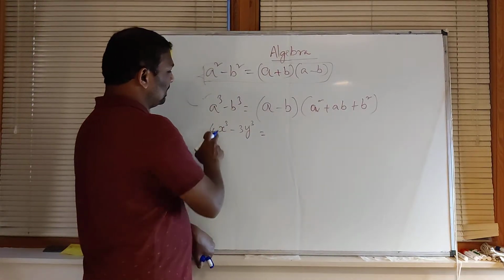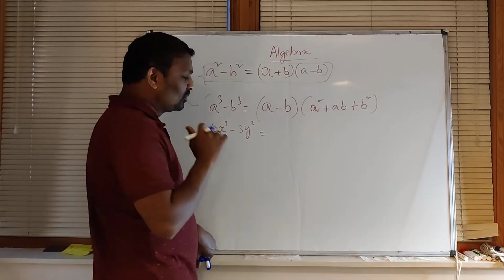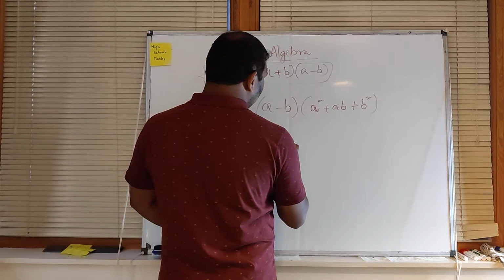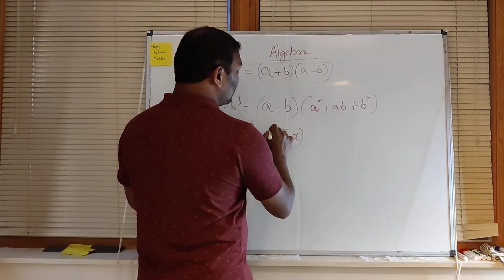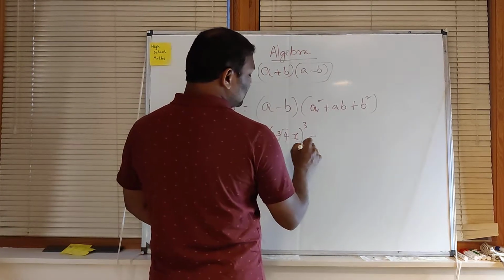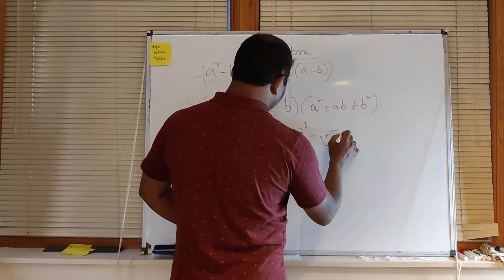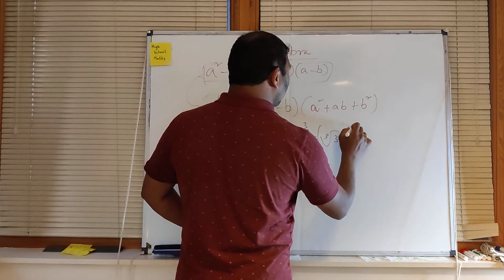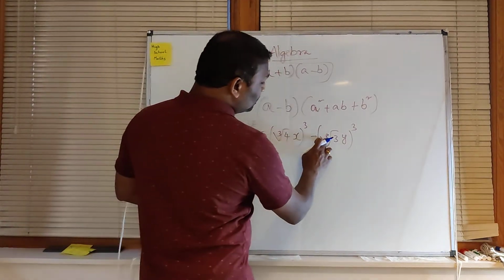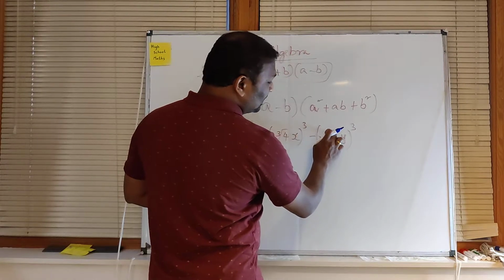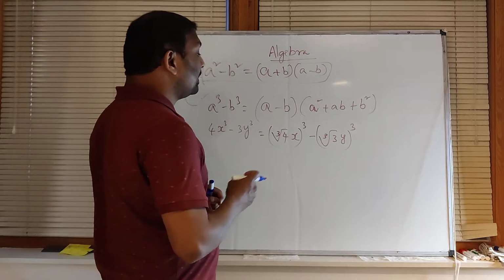Square root won't work here because this is a cube, so we need the cube root. Cube root of 4x whole cube minus cube root of 3y whole cube. The cube root acts only on the 3, and on the 4 it will come only as cube root of 4.